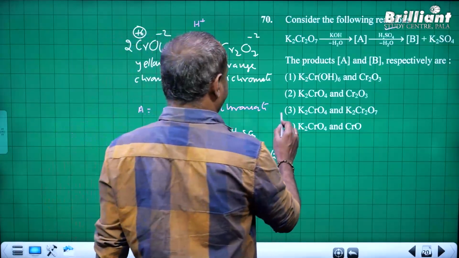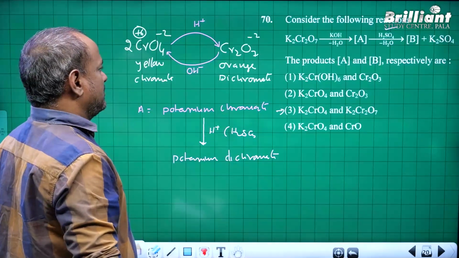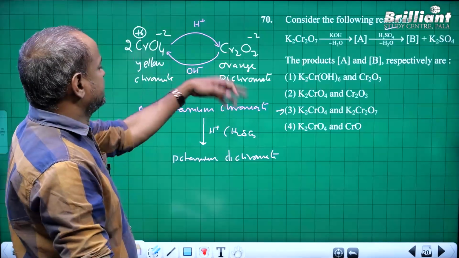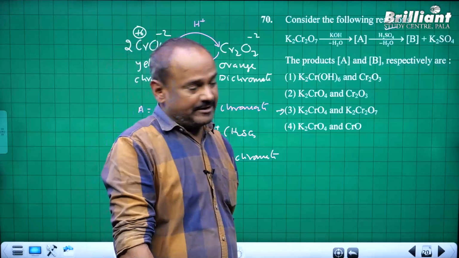So, answer 3. Potassium chromate, dichromate, that depends on the medium: conversion takes place in acidic medium or basic medium.